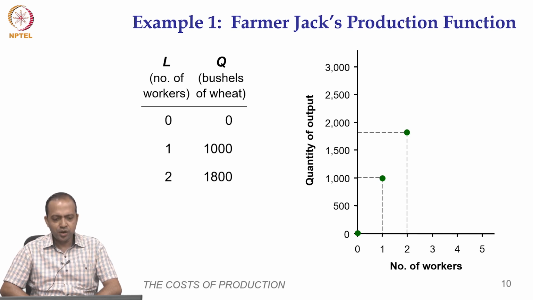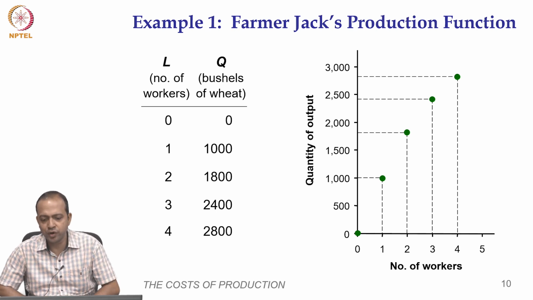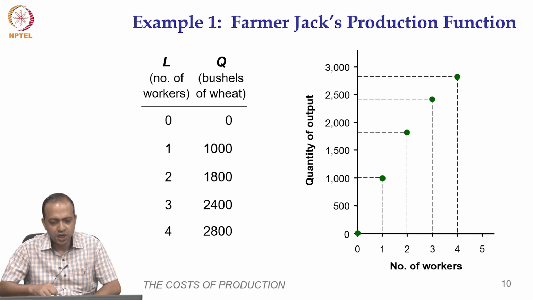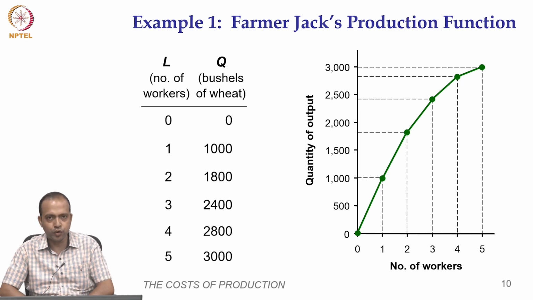When the output is 1000 bushels of wheat, 1 labor is enough. For 1800 bushels, 2. Likewise, as you keep on increasing output, your labor requirement is also increasing. If you add these, then you will get a total product curve or production function.